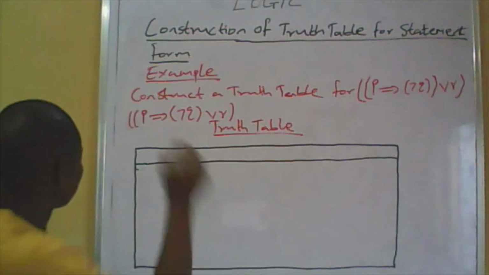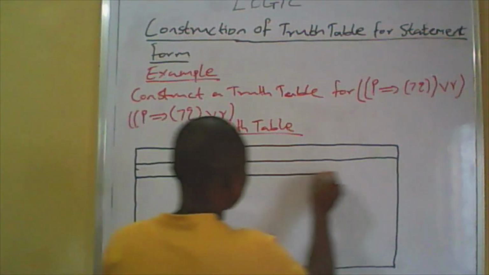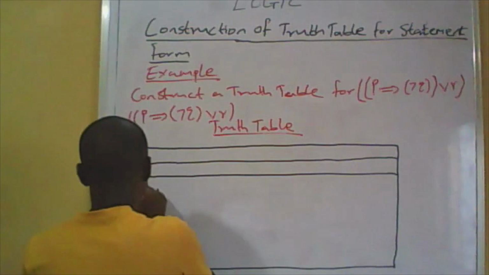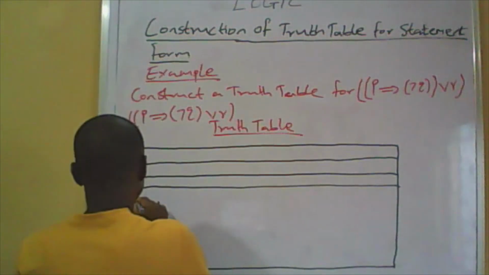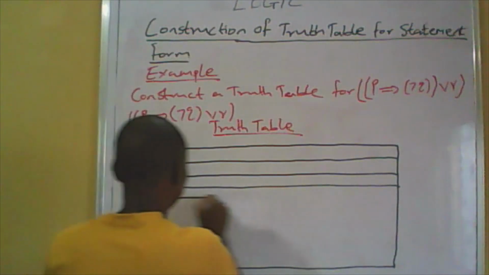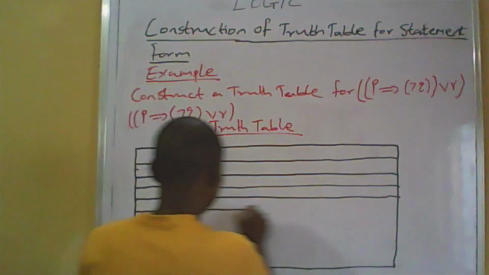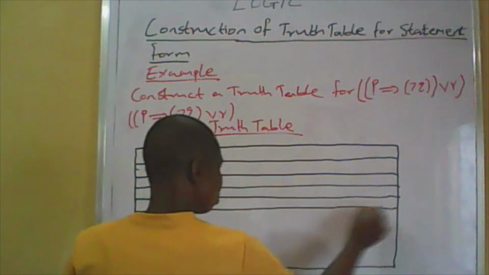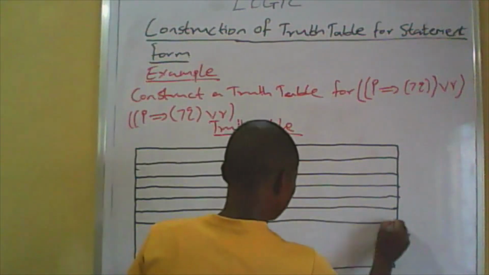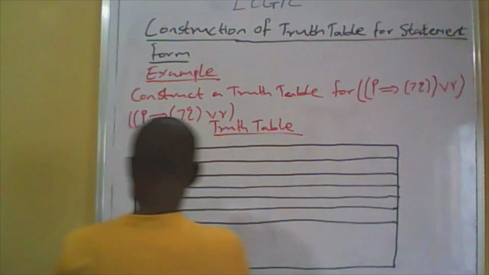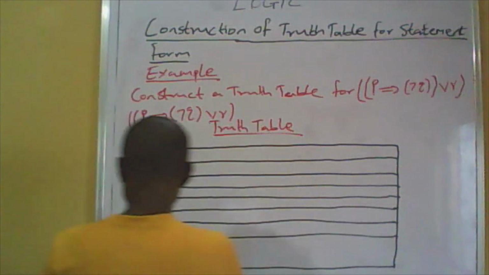You create first row, second row, third row, fourth row, fifth row, sixth row, seventh row, and eighth row.